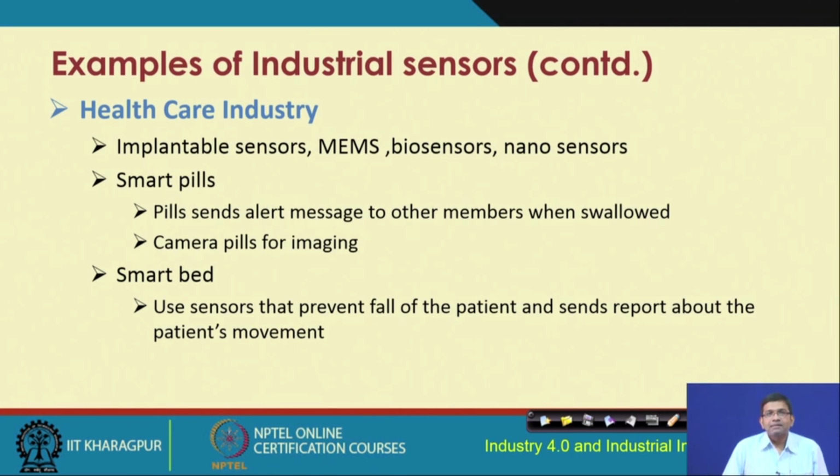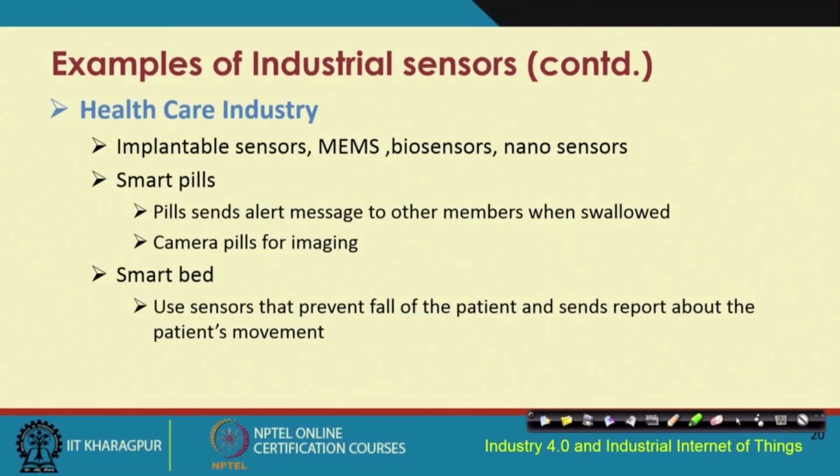There are smart pills which can be swallowed, and these pills go to the human circulatory system and sense the human physiological parameters that they have been designed to sense, and then wirelessly send those parameters to the doctors for further monitoring.